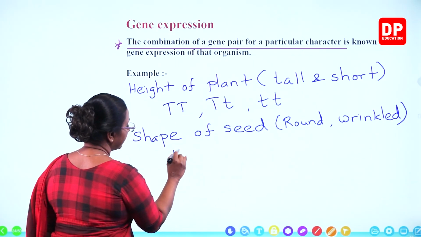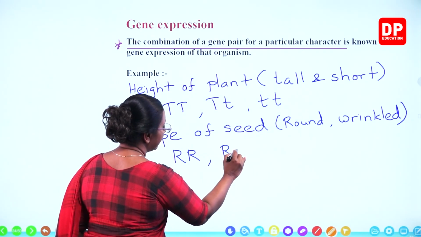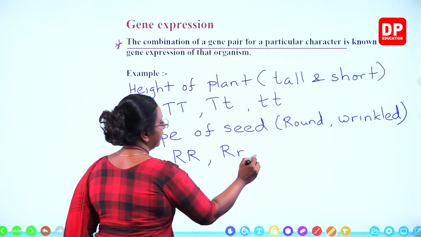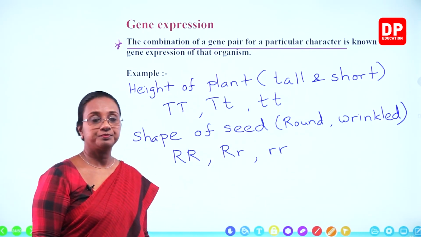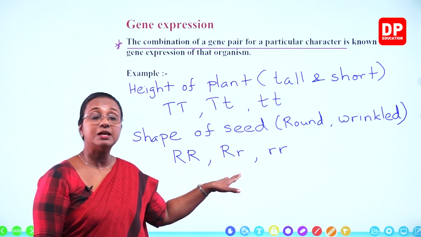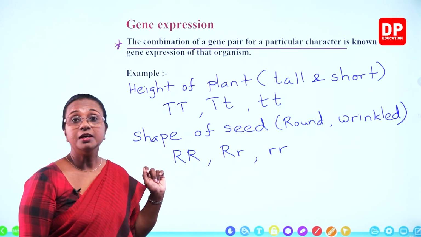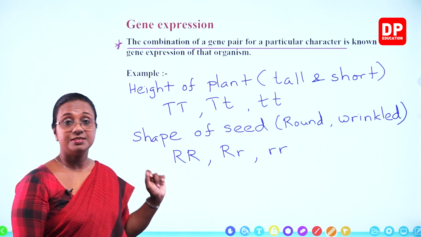So round: capital R capital R. Then we had capital R simple R. And we had simple R simple R. The three possible combinations for a character, that is the shape of the seed.